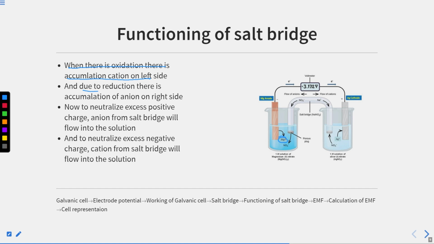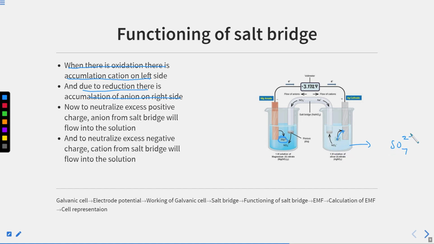Similarly, due to reduction, there is accumulation of anion on the right hand side. How? Suppose it is containing Ag2SO4. If Ag+ is going onto the electrode by taking an electron from the circuit, we are left with SO4 2-. So we will have an accumulation of SO4 2-.